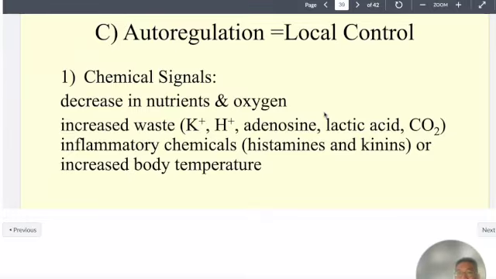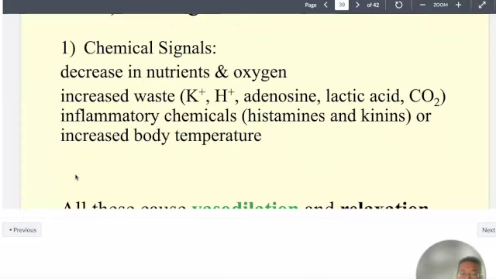Autoregulation is a local level control. The chemical signal is a decrease in nutrients and oxygen. What happens when there's a decrease in oxygen level? You have an increase of waste, including carbon dioxide and inflammatory chemicals such as histamine and kinins, or an increase in body temperature.